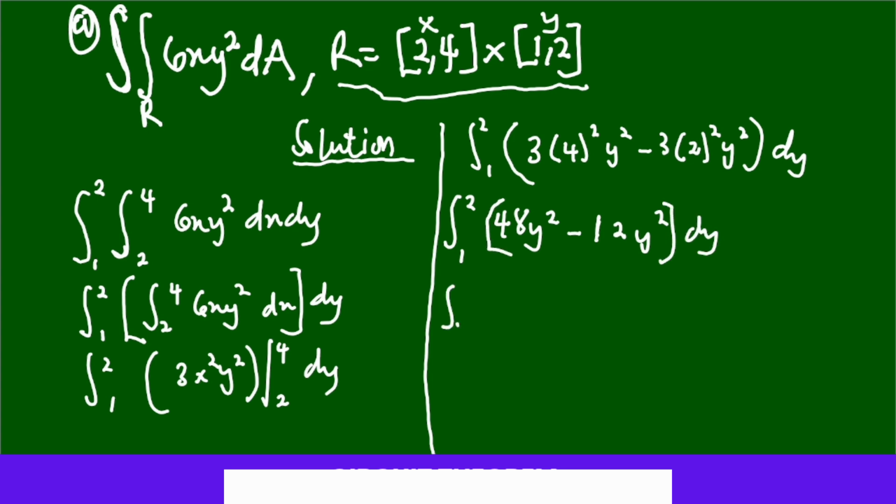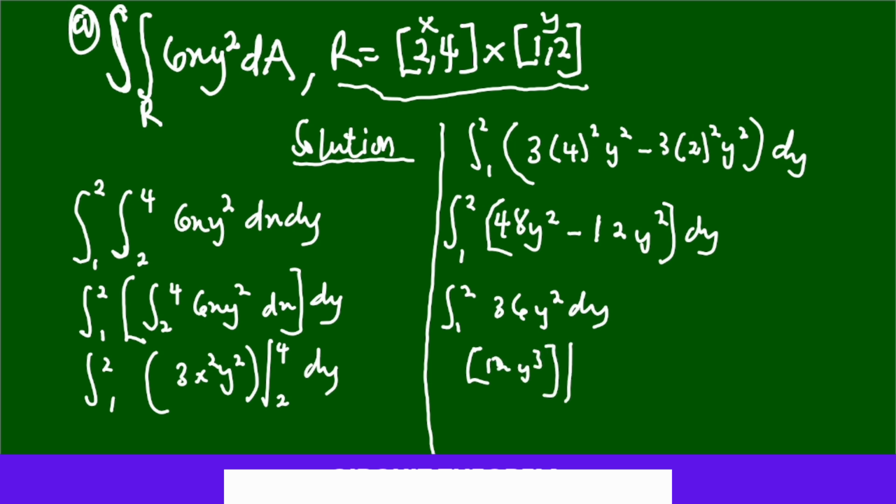Okay, so the integral from 1 to 2 is 36 y squared dy. Then now we are going to integrate what we have here with respect to y. That is why it's called the double integral. We are going to integrate twice. So now we simplify our integration and we get 12 y cubed.